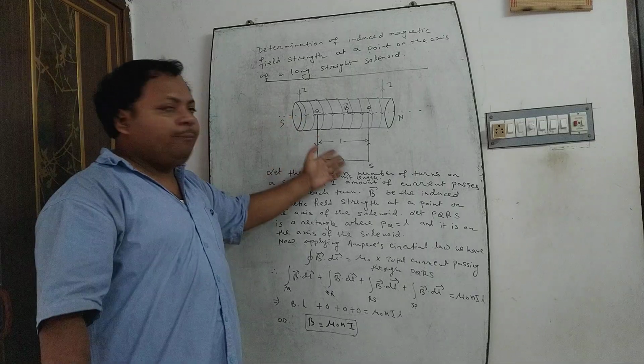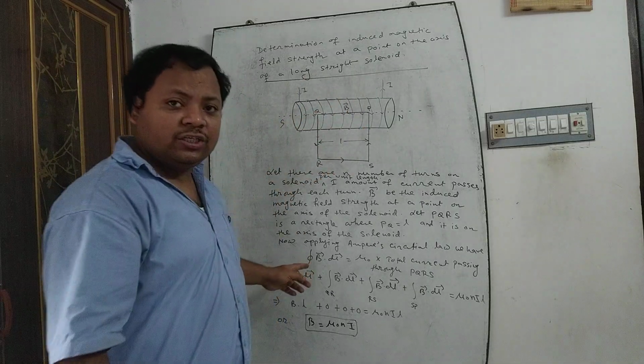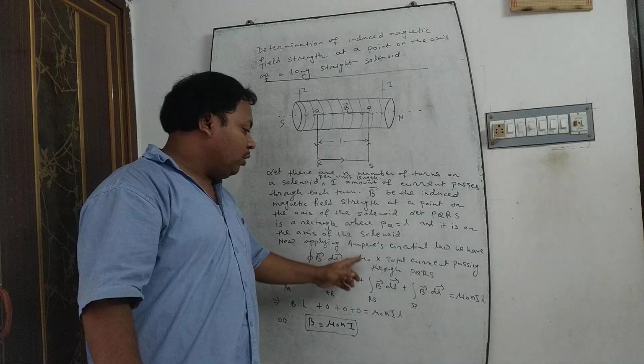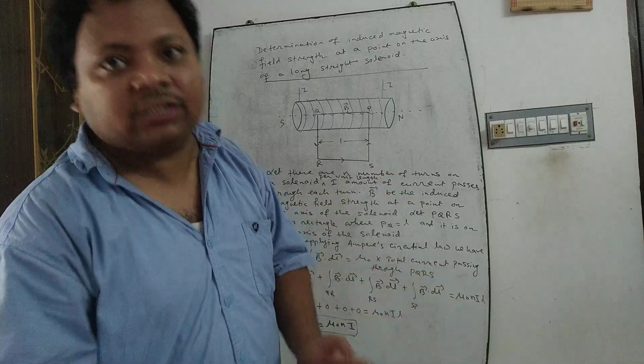Now applying Ampere circuital law to this rectangle, we have closed integration of B dot dl is equal to mu 0 into the total current passing through this rectangle.